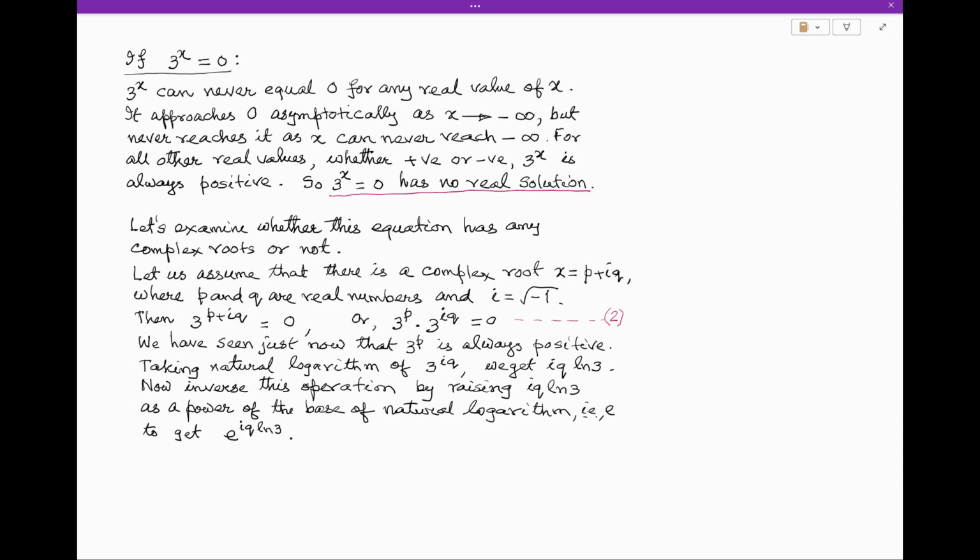Let us now examine whether this equation has any complex roots or not. Let us assume that there is a complex root at x is equal to p plus iq, where p and q are real numbers and i is square root of minus 1.